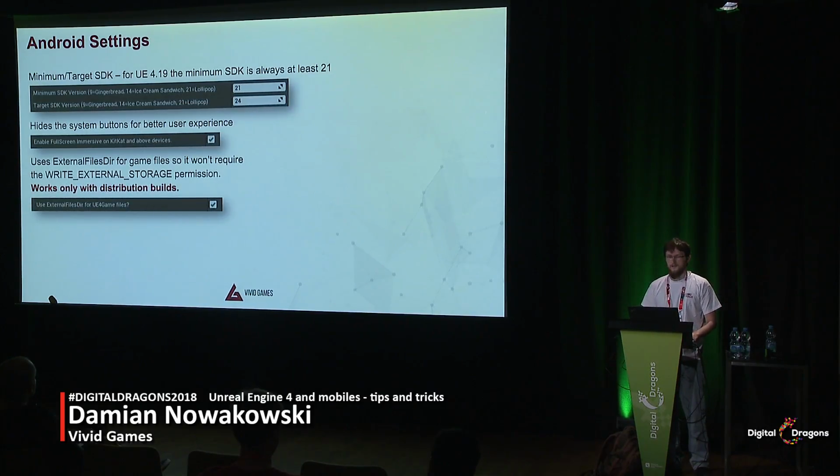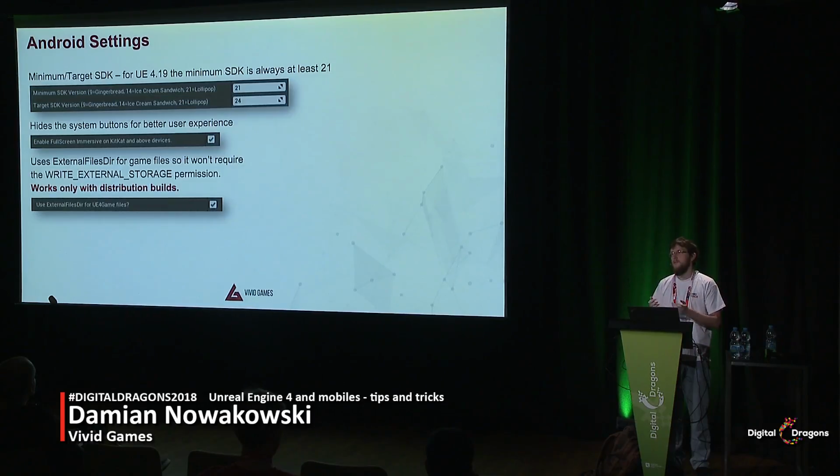Another easy-to-miss setting is to use the external files directory. I'm not sure why this is not enabled by default, but when you're starting the project, you should enable it yourself. If you do not set this, Unreal Engine will store all of your game files inside the external storage directory, which requires the extra permission.